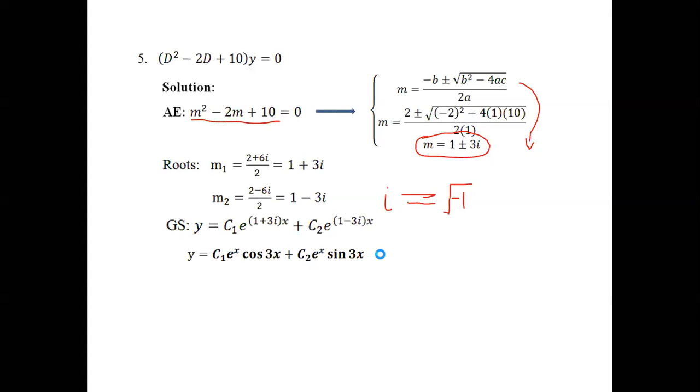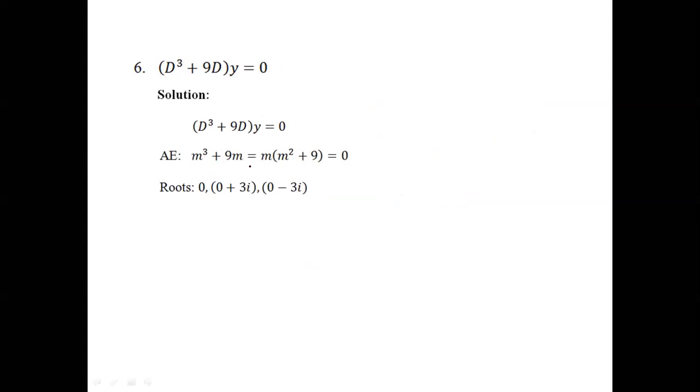Then we went on to solving the sixth question, which was also in the D notation. We had to convert it to the auxiliary equation, and from the auxiliary equation, we came up with 2 complex numbers and 1 real number. So we follow the procedure for getting the general solution given complex solutions for the characteristic equation.